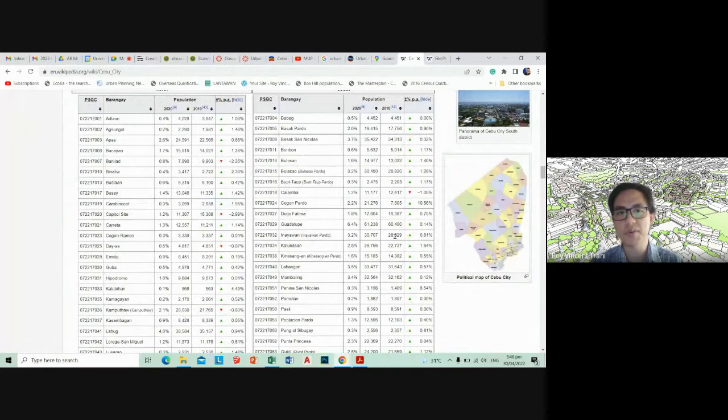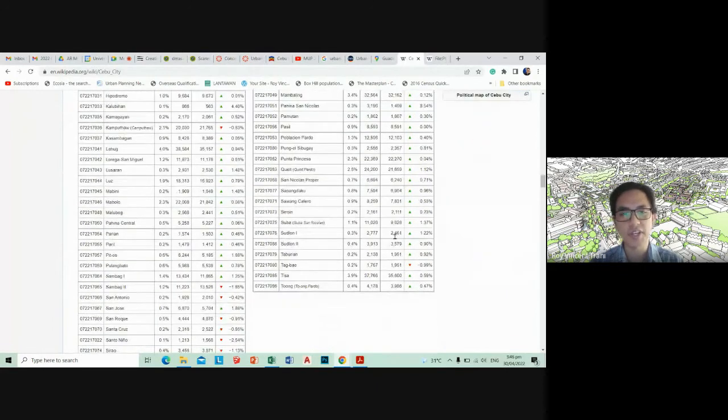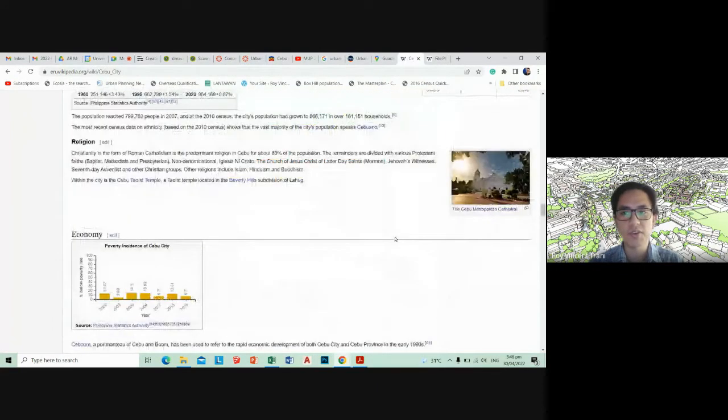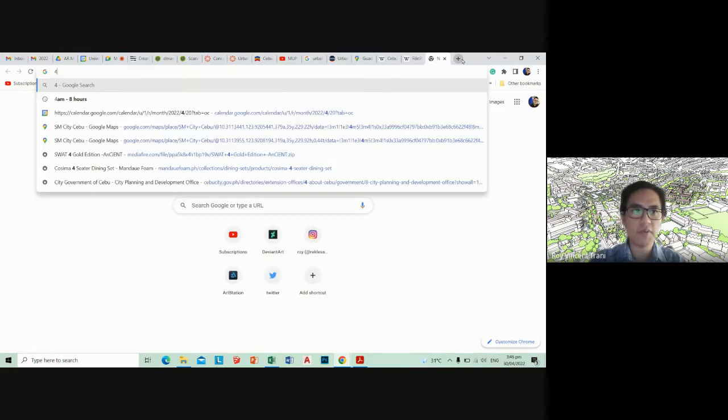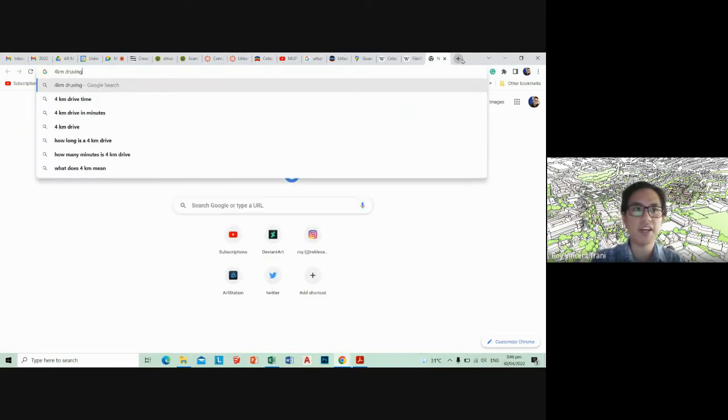Whoever has the money will decide what gets built and where. Usually it's car driven and dependent on the geography. If it's flat, it goes as far as it can possibly go. 4 kilometers is a 4 kilometer drive. This is usually determined by driving time.